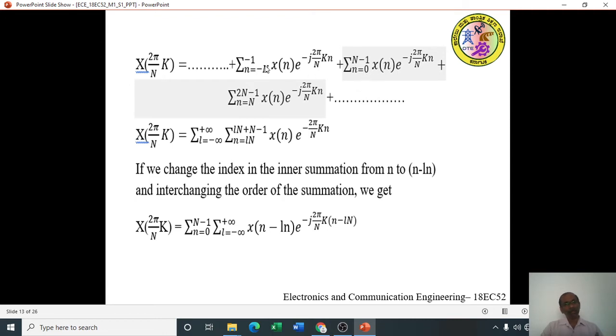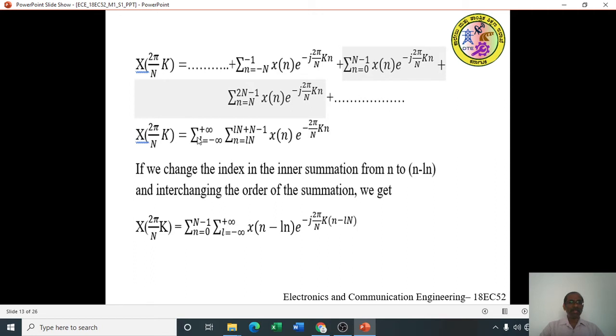So writing this complete equation is difficult. We try to combine these equations as a sum of summations. So we'll introduce a notation l varying from minus infinity to plus infinity, and one more summation from lN to lN plus N minus 1. Observe, l is also an integer.